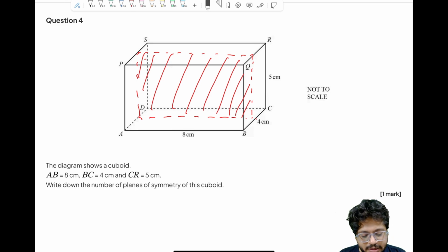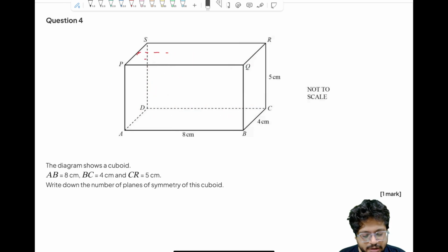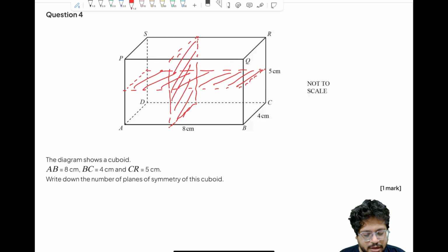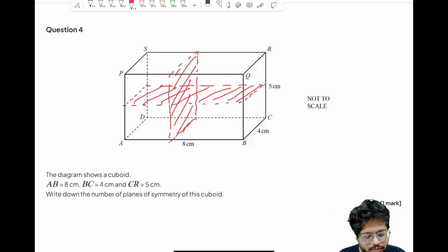So two planes of symmetry like this, and the third one is if you cut it horizontally like this. So if you cut it like this, this is also a plane of symmetry. So there are three planes of symmetry. This is the third one. The first one was like this, the second one like this.